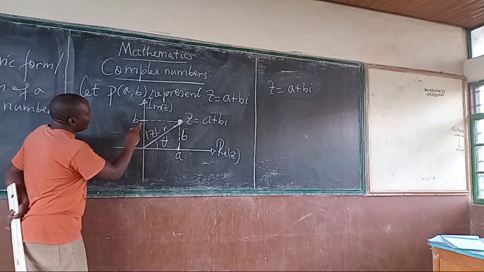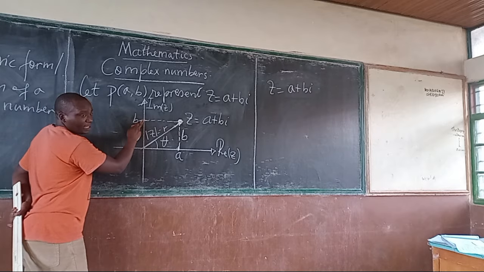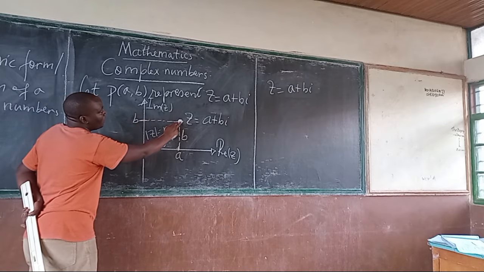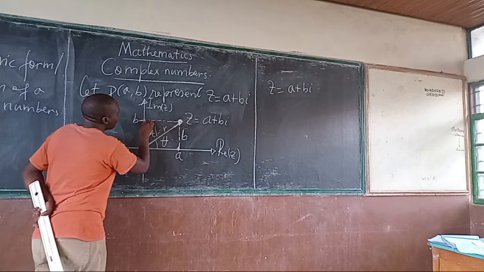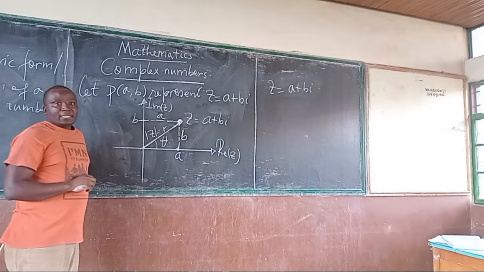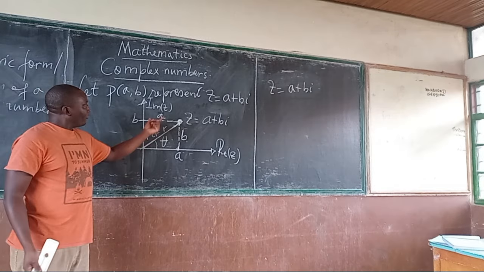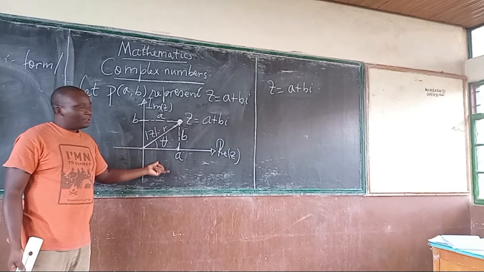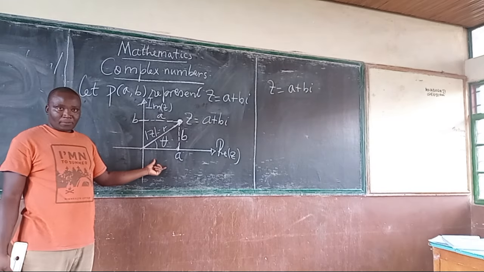The distance from the imaginary part here B until to reach our complex number Z, this distance is like A. Teachers, I see everything here is very, very clear for everyone.